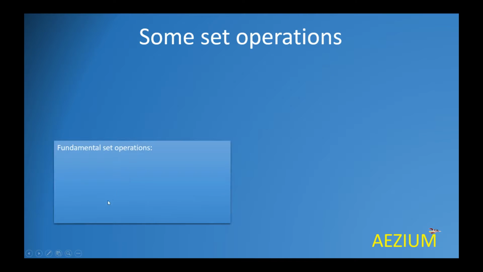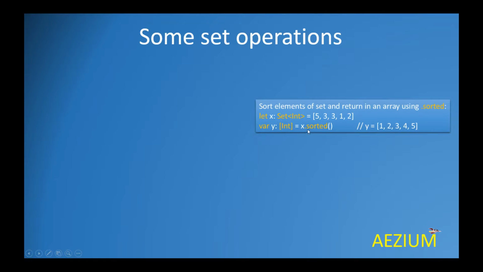Dot sorted could also be used here with sets as it was used with arrays to sort the elements of a set in an ascending order. So here x dot sorted will generate an array whose elements are the contents of our set x, and those elements are ordered in an ascending order.